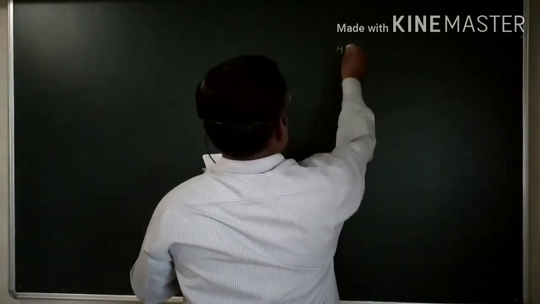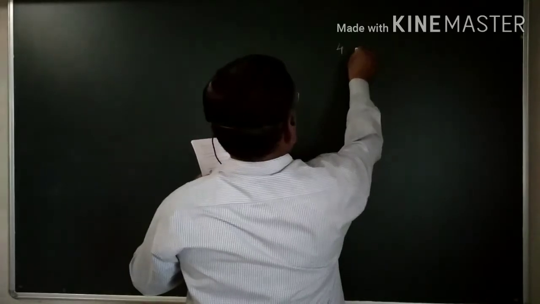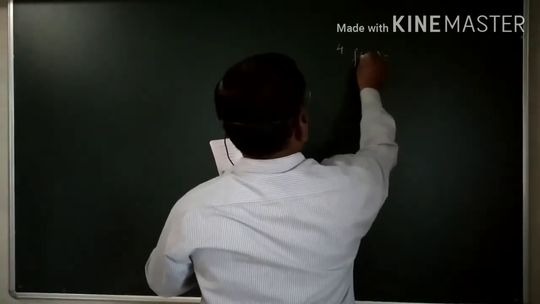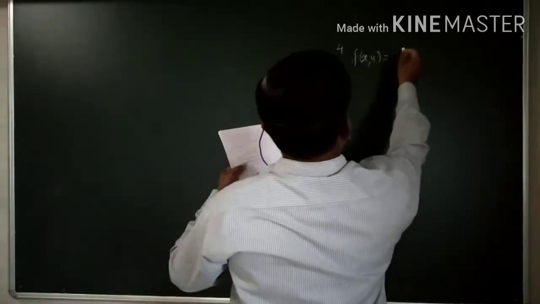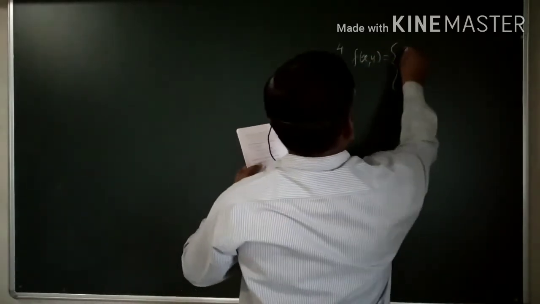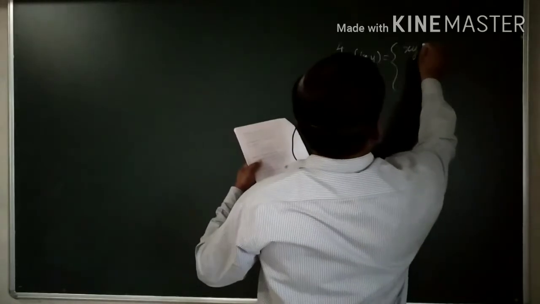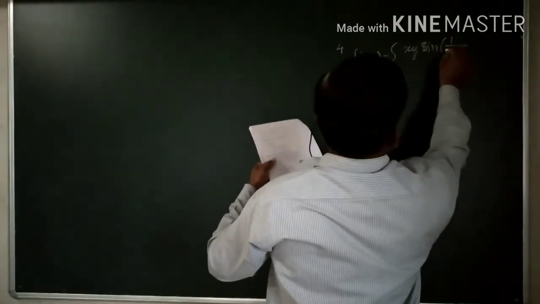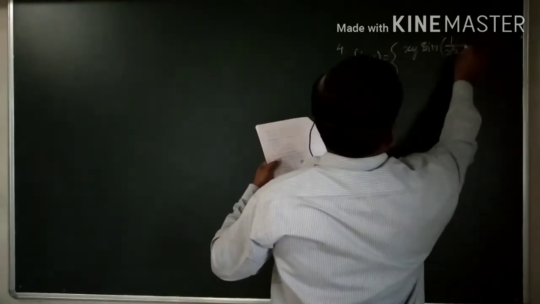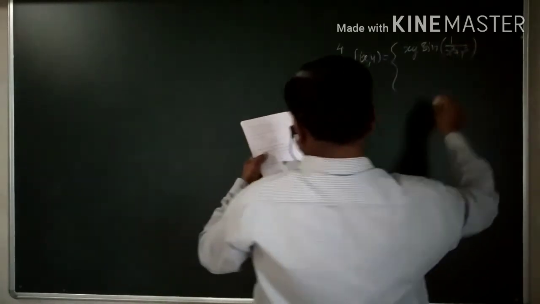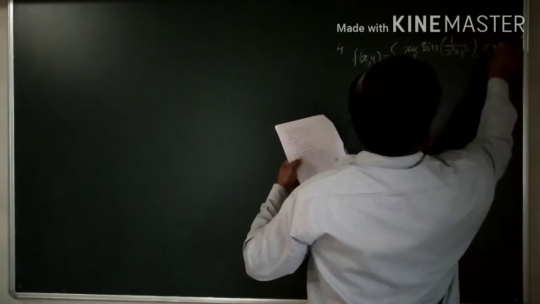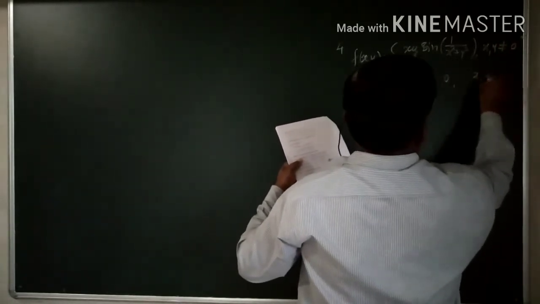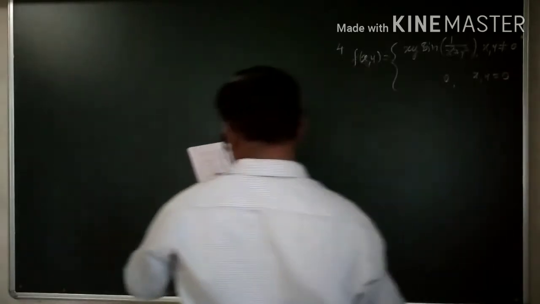For this one, let us have f of x, y in split form: x y into, once again the trigonometric function is given to you, sine of 1 over x square plus y square, if x and y both are not 0, and it is equal to 0 if both x and y are 0.